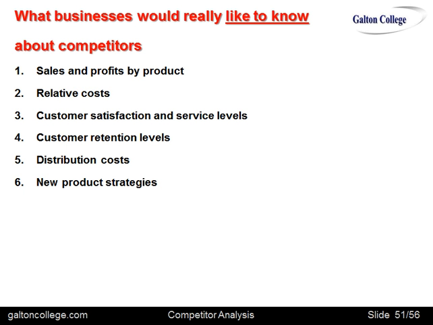New product strategies, well, difficult to work out what the business is planning in terms of new products. It's very much an internal issue within the business, and it's very difficult to work out what competitors are doing in terms of new product plans.